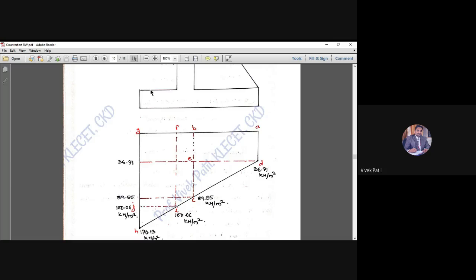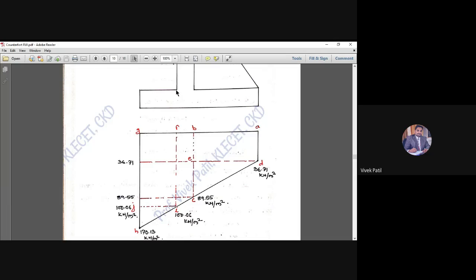So the dead load of this one will be equal to 0.315 into 1 into the density of RCC. What is the density of RCC? 25. Just calculate and tell me what is the load. 7.87.